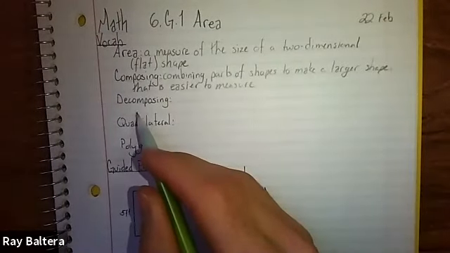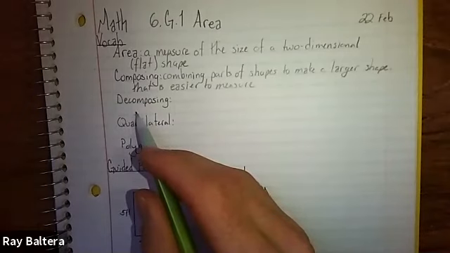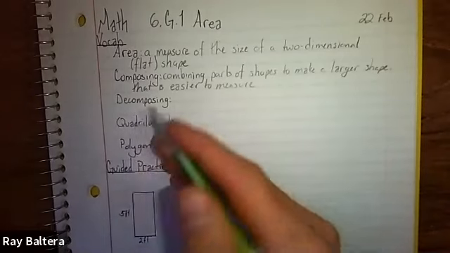Decomposing. Decomposing is breaking a shape into smaller pieces that are easier to measure.